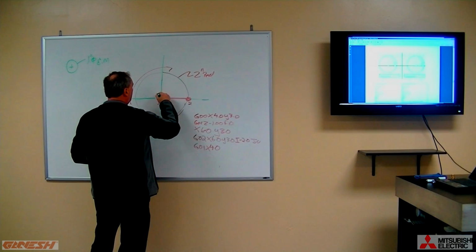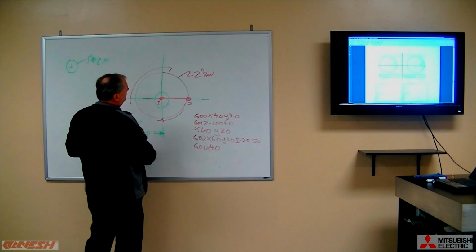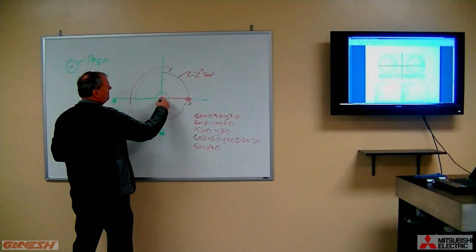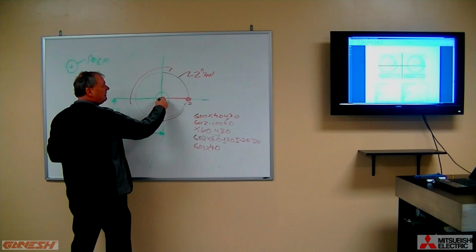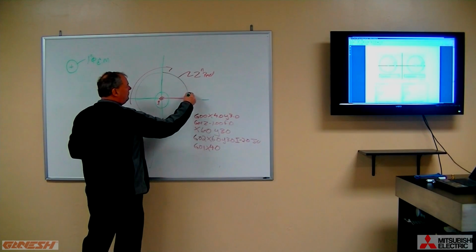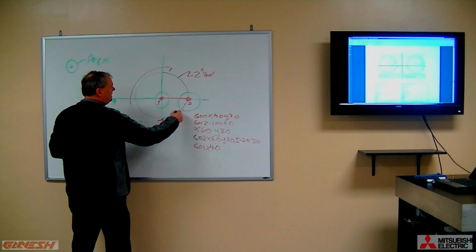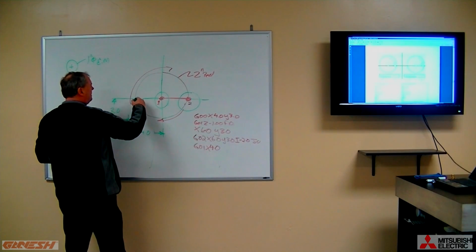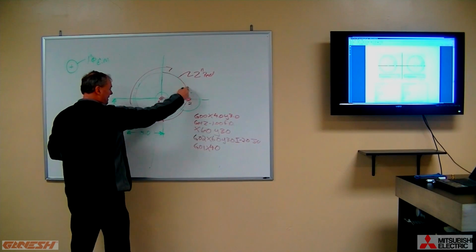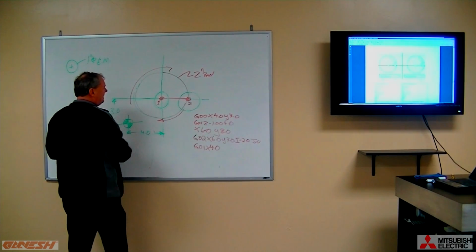We're bringing a 1-inch diameter tool into the center of the part, because remember, we're always driving the center line of the spindle. And then it makes a full circle around, and then comes back to there.